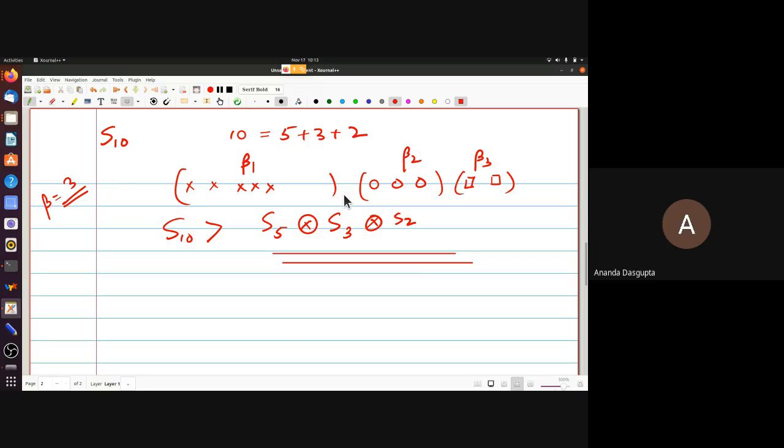You just look at how many 2 cycles are at all possible. You can't have 3 2 cycles in S5, because S5 doesn't have enough elements to support 3 2 cycles. But you can have 0, 1, or 2 cycles here, 0 or 1 2 cycles here, and 0 or 1 2 cycles here. Is it okay?